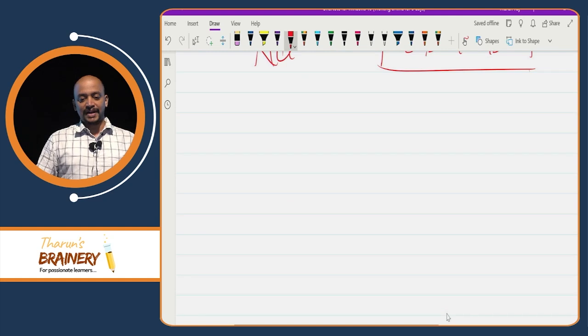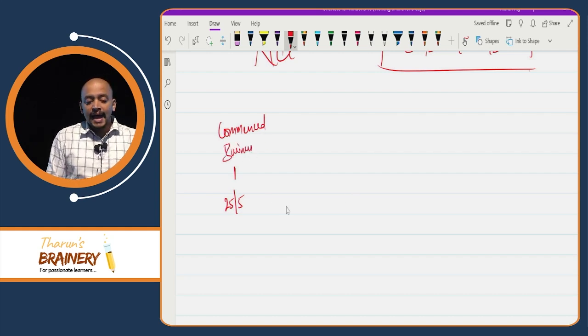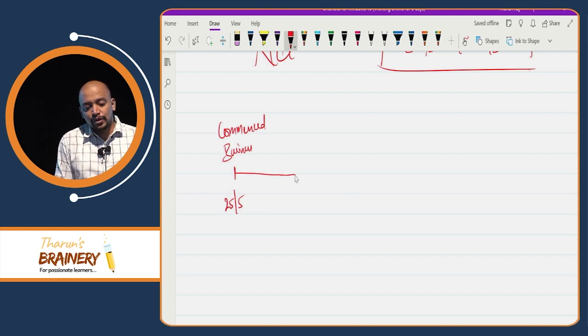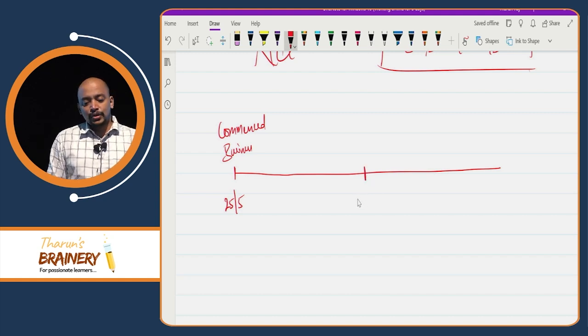Say, for example, I commenced a business on 25th of May. When I commenced business on this date, I am not liable to get registered. As and when my aggregate turnover exceeds threshold limit, I need to register. Say, my aggregate turnover exceeded threshold limit on 110.